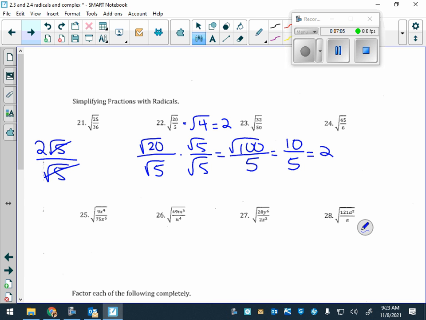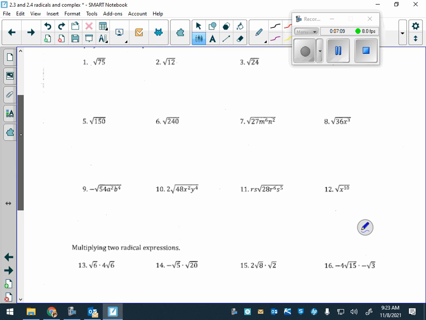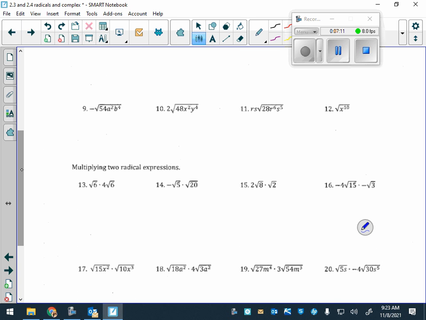Number 10? Sure. Okay. Number 10. Okay, the 2 is already on the outside. What are 2 factors of 48? And again, you could have kept it under 1. I just split it.